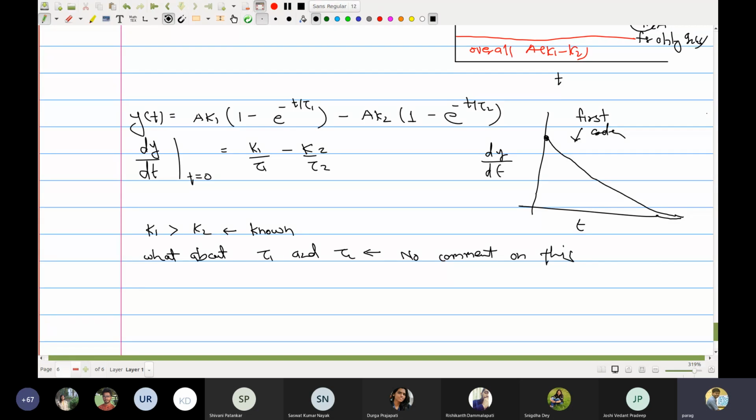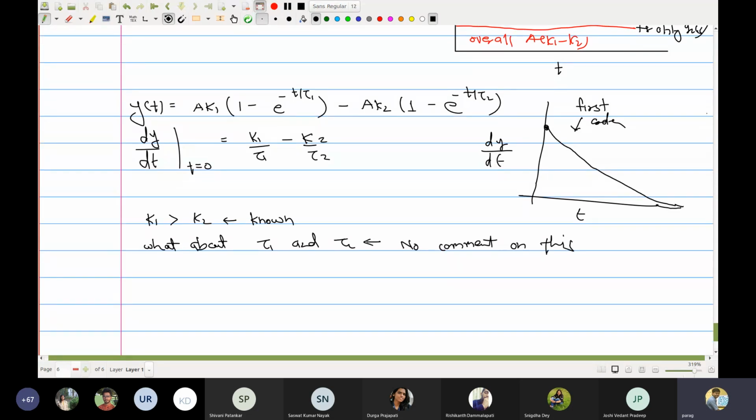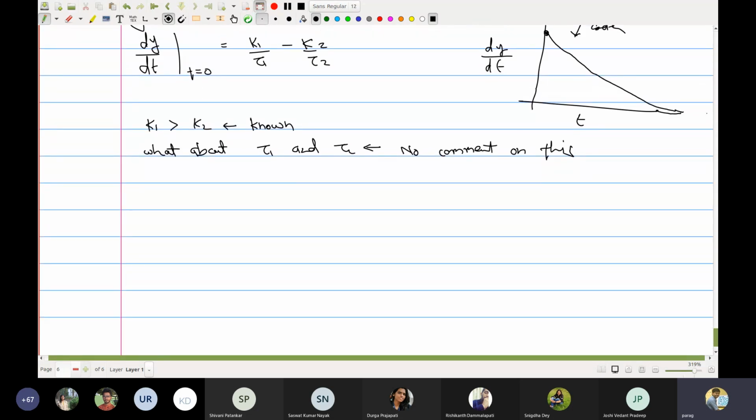Now in this particular case the slope dy by dt can be greater than 0 or less than 0. It would be greater than 0 if k1 by tau 1 is greater than k2 by tau 2. And it would be less than 0 if k1 by tau 1 is less than k2 by tau 2.